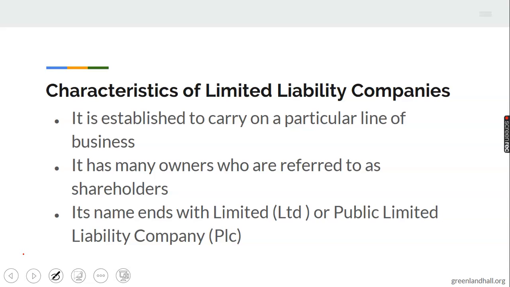Its name ends with Limited, that is LTD, or Public Limited Liability Company, PLC. If it is a private company, it will be LTD ordinarily. But if it is a public company, it will be PLC.